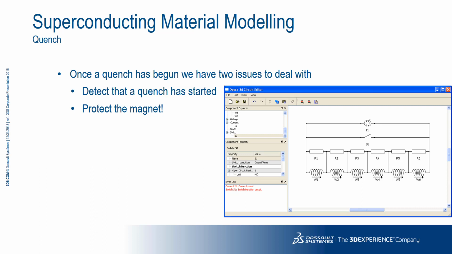Once a quench has begun, we have two design issues to deal with. Detect that the quench has started and protect the magnet from damage. Here's a typical protection circuit for a multi-coil DC superconducting magnet. As the superconducting material transitions from zero to finite resistance, the current will preferentially choose to flow through a small finite resistance rather than the resistive superconductor, which now has higher resistance.